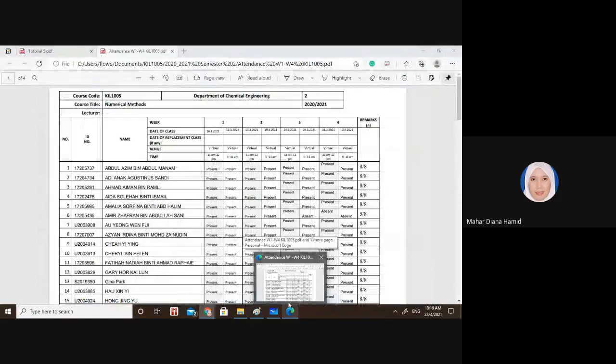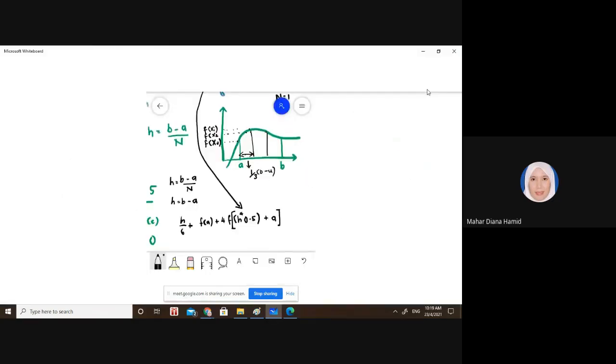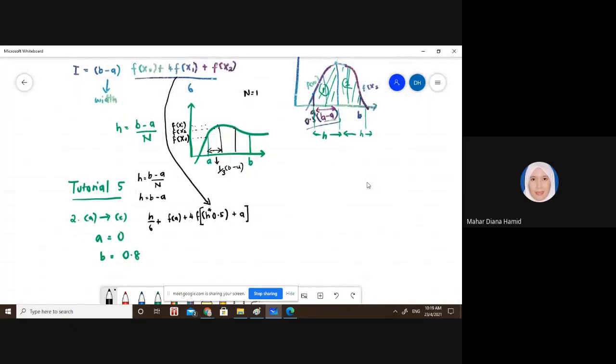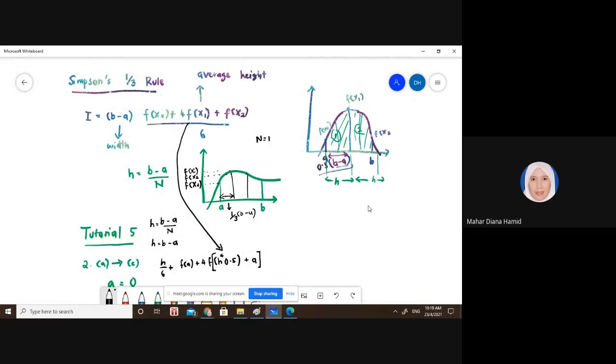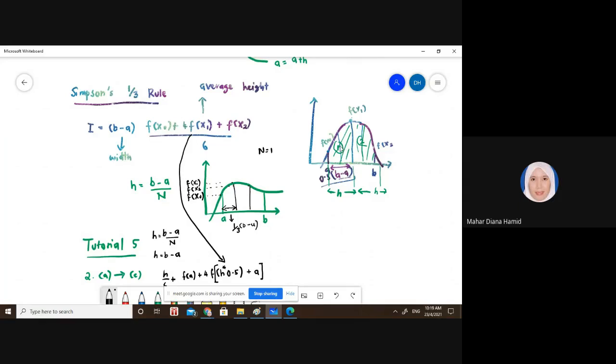Let me see again. Because I might have mistakenly put in 3 segments for Simpson's rule 1/3. It actually has only 3 points.